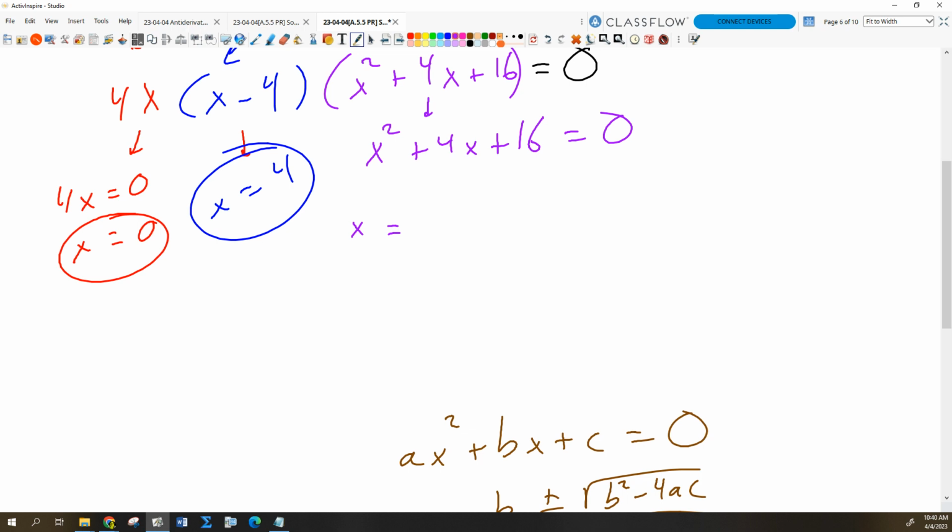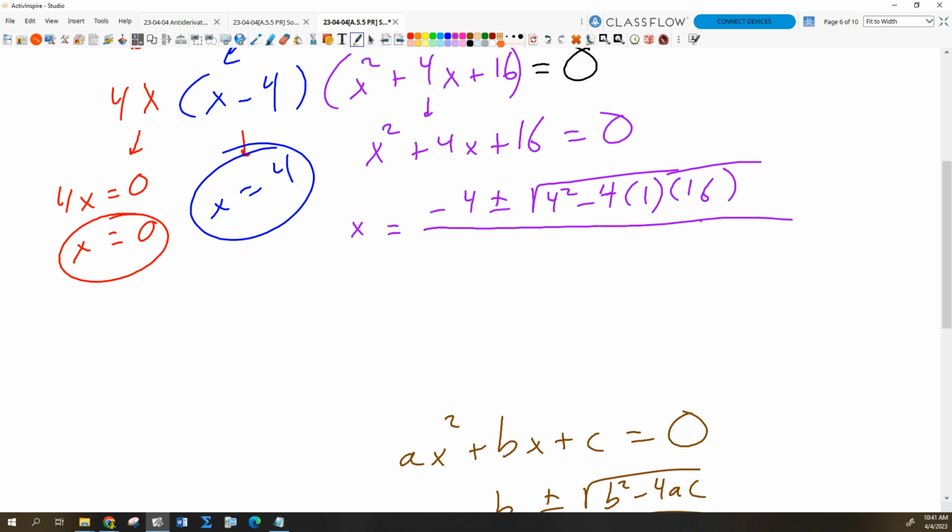I get x equals negative 4 plus or minus the square root of b squared, so 4 squared, which is 16, minus 4 times 1 times 16, all over 2 times 1, which is 2, right?